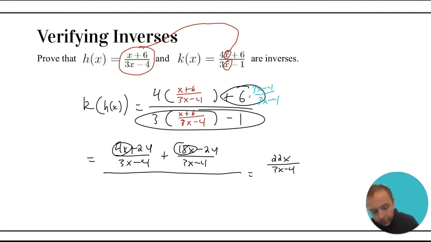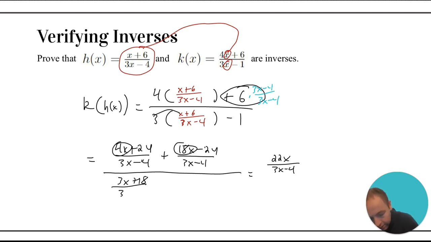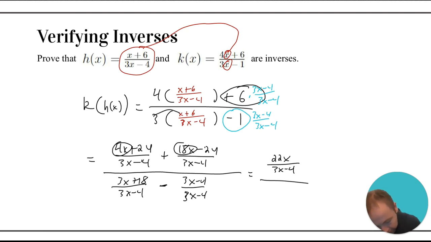And then just do a similar thing with the denominator right here. If you multiply the 3, you get 3x plus 18 over the 3x minus 4. But then just take this -1 right here, multiply by 3x minus 4 over 3x minus 4. Subtract 3x minus 4 over 3x minus 4. And then that's going to be equal to 3x minus 3x will cancel, and 18 minus -4 will equal 22 over 3x minus 4.